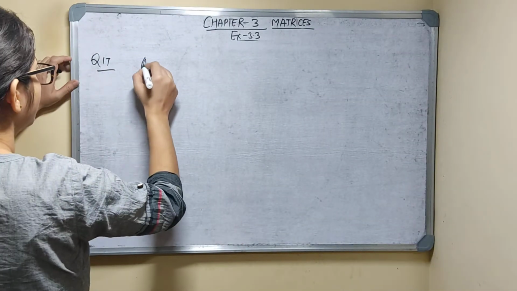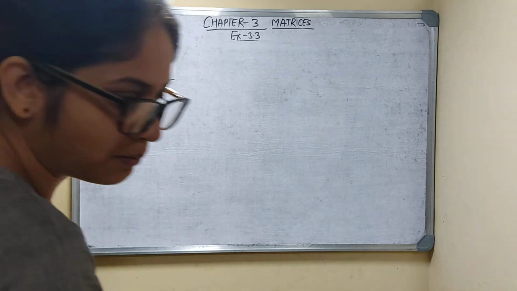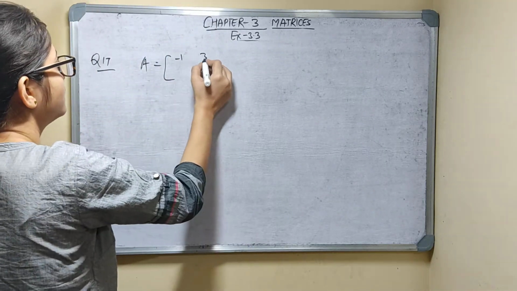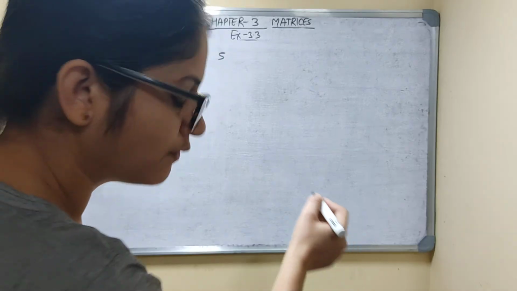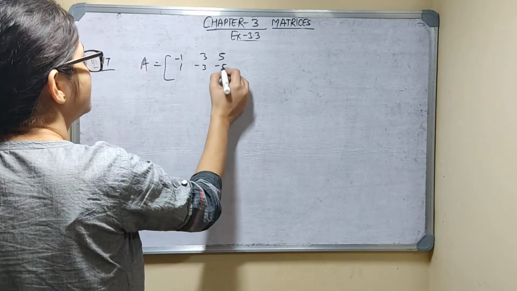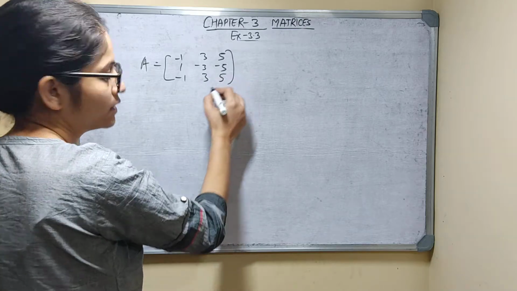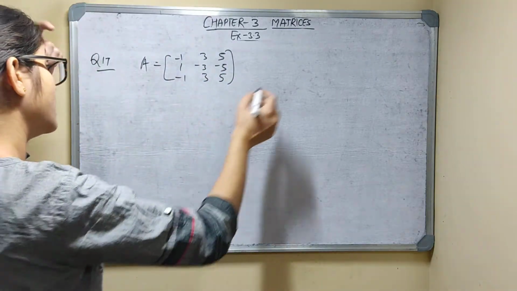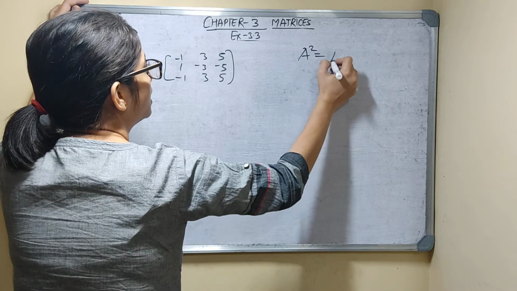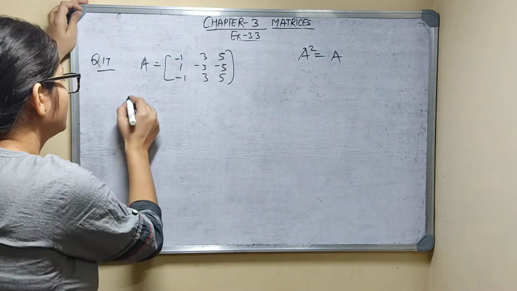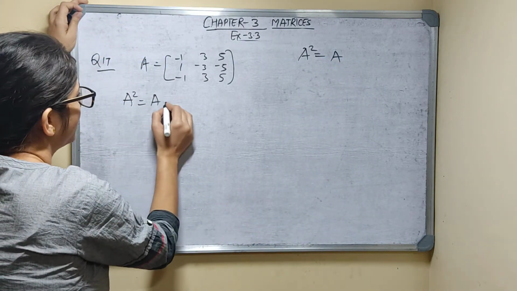I am writing A as minus 1, 3, 5, 1, minus 3, minus 5, minus 1, 3, 5. Show that A square is equal to A. So I am solving A square first. A square I can write as A dot A.